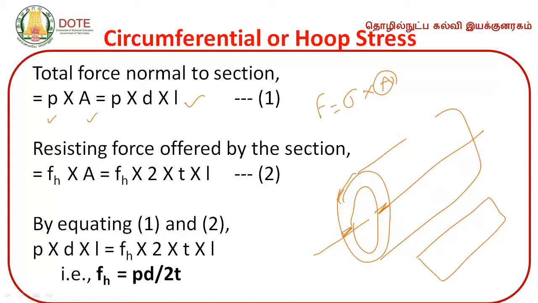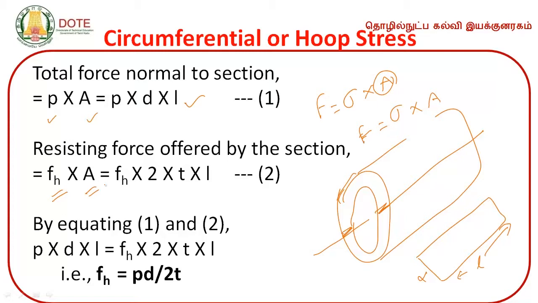Resisting force offered by the section: this is going to be D and this is going to be L, so D into L. The resisting force is once again given by stress into area. Here it is hoop stress or circumferential stress into area.